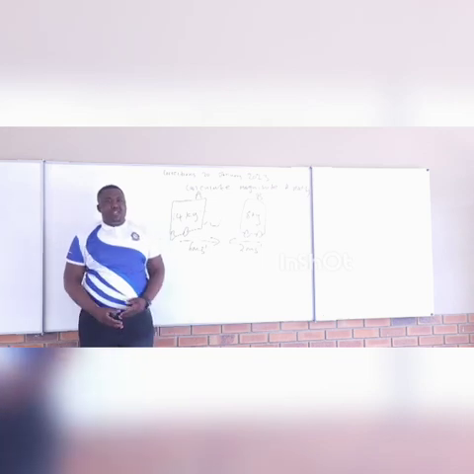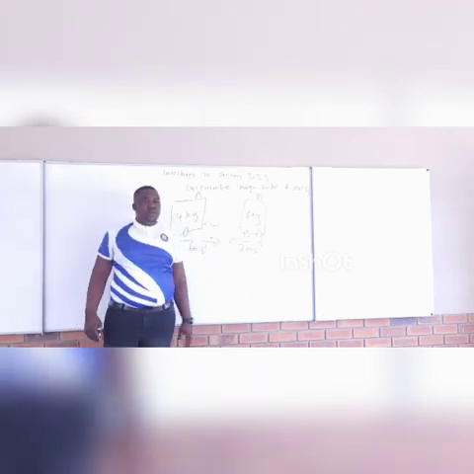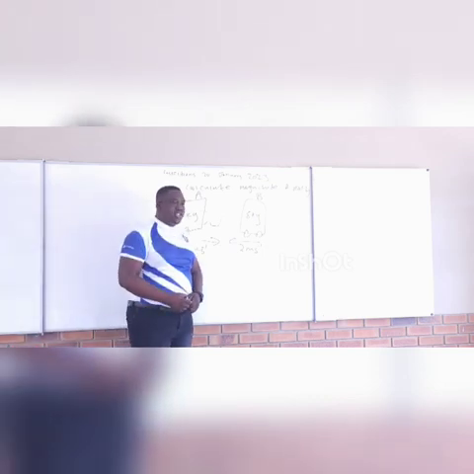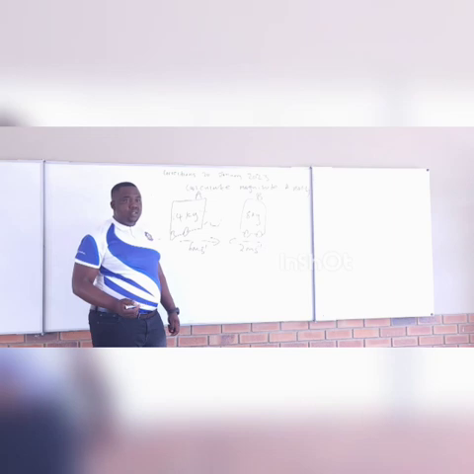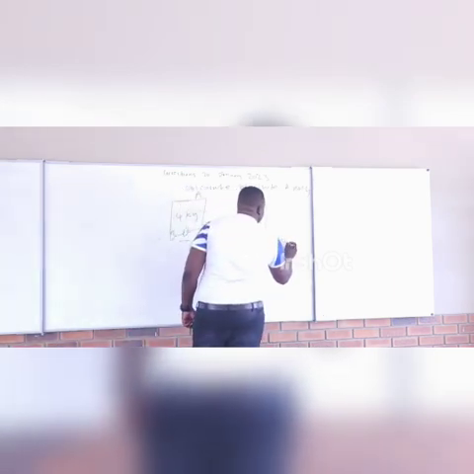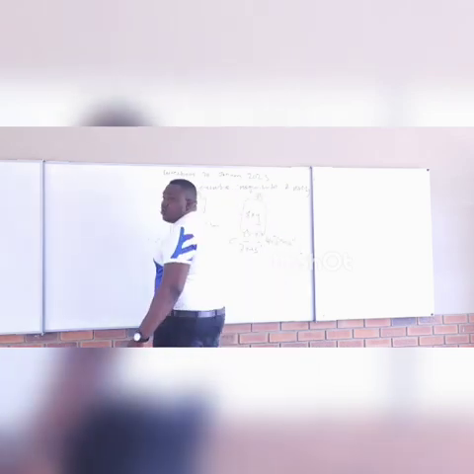We are given the final velocity of trolley B after collision. The velocity of trolley B is 3 meters per second. So it means it's VF, 3 meters per second. So let us calculate.